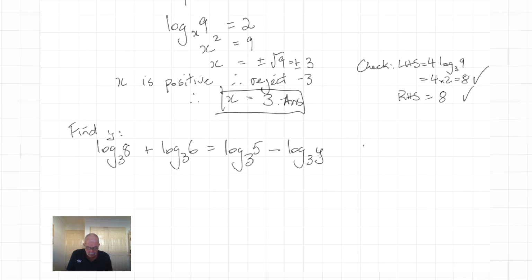We can simplify both the left hand side and the right hand side. If we're adding the logs with exactly the same bases, we must be multiplying the numbers. So that's log to base 3 of 8 times 6. If we're subtracting the logs on the right hand side, once again both to base 3, we must be dividing the numbers. So we're dividing the 5 by the y.